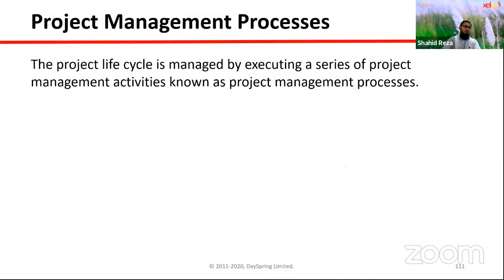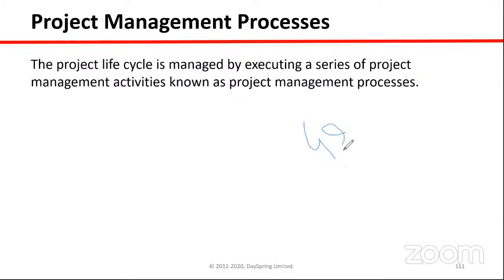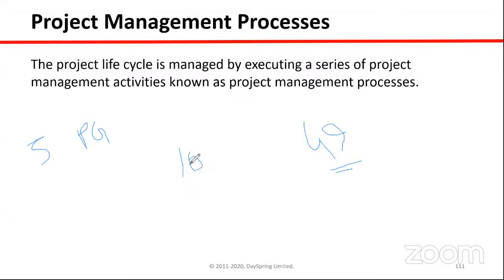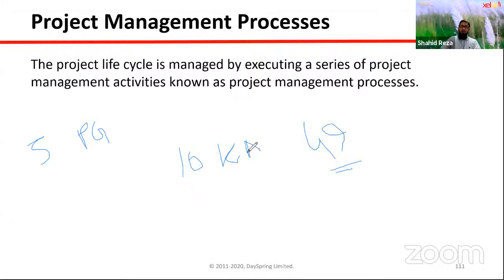Now I will talk about three things. As I mentioned earlier, there are three things in the whole PMBOK. One is project management processes. Can you remember how many processes are in PMBOK? There are 49 processes, 5 process groups, and 10 knowledge areas. This is very important.